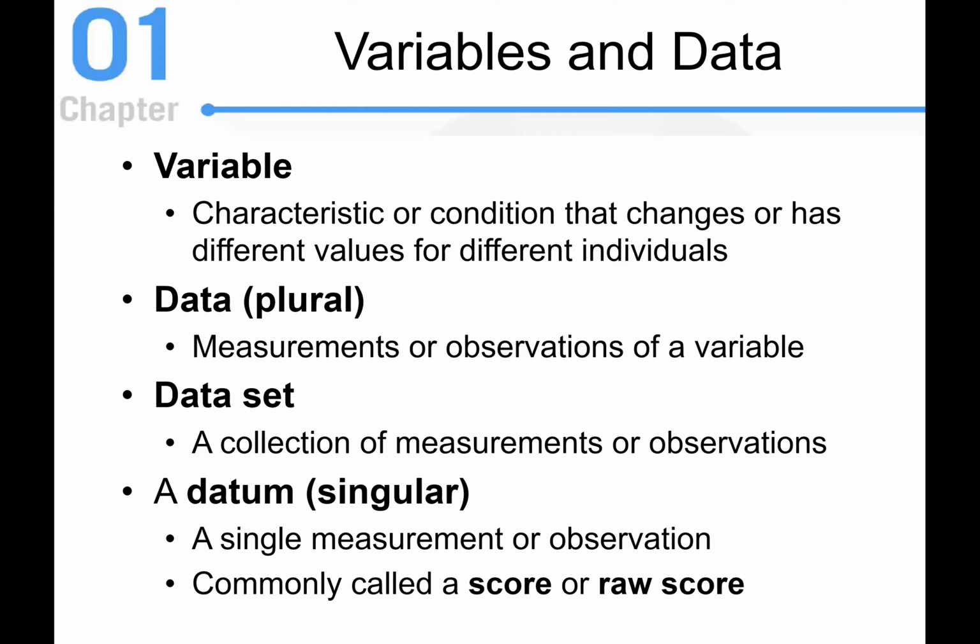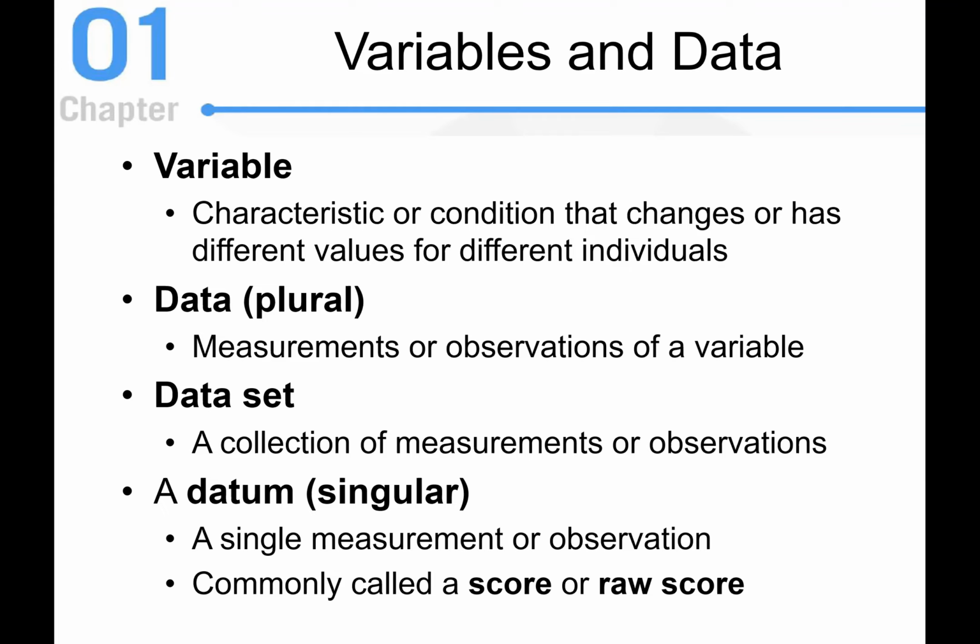It's a characteristic that changes or has different values for different people. We could also give 10 people an SAT test, let's say, and each of them is going to get a different score. That SAT test is a variable, because it has values that can change for different individuals.